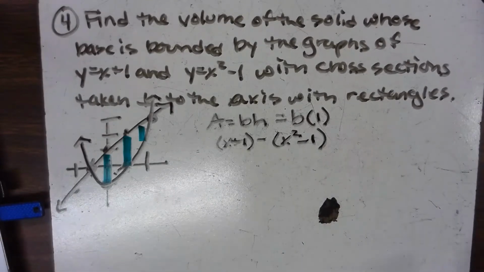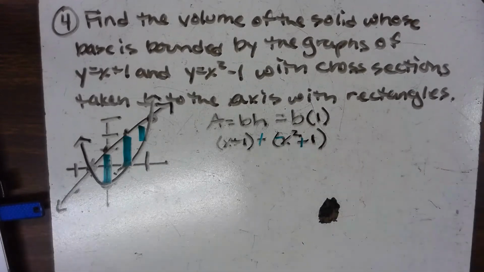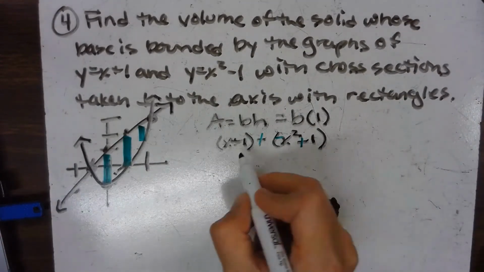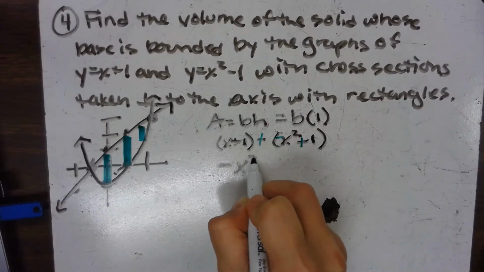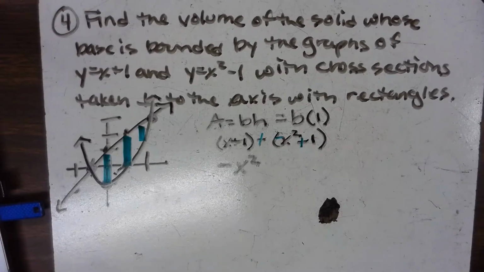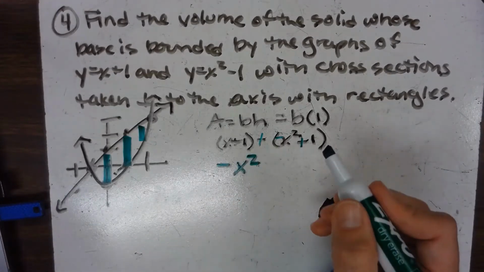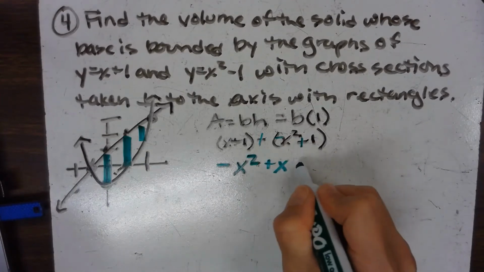Well, when I distribute that negative, I end up with negative x squared plus x plus 2.